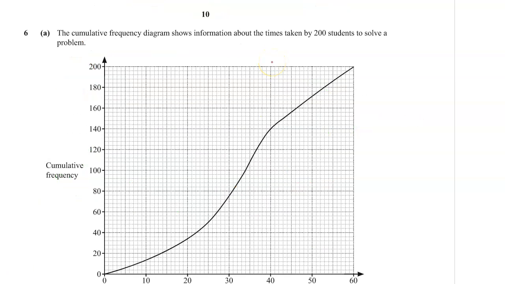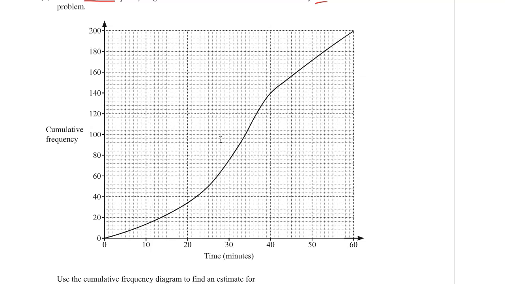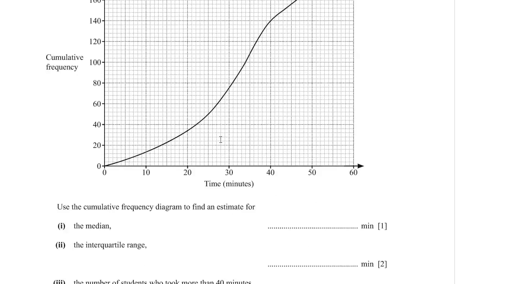Number 6. A cumulative frequency diagram shows information about the times taken by 200 students to solve a problem. You have cumulative frequency on the y-axis, time in minutes on the x-axis.